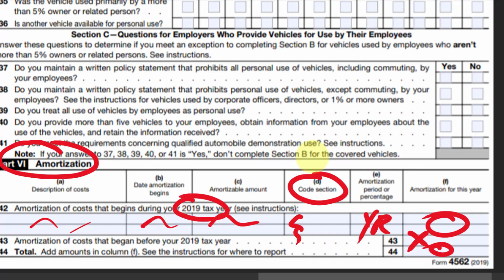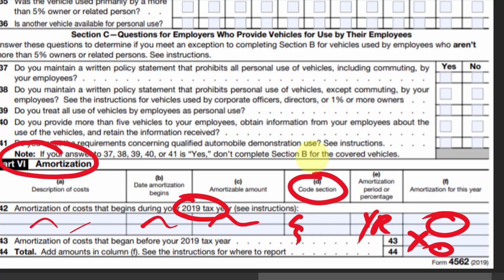This total amortization in line 44 is then carried back to whatever principal tax form you're using, like the 1040 or the 1120 corporation. But you won't see a line called amortization there. You probably have to plug it in as other deduction in your tax return. Versus depreciation, there probably is a line called depreciation in your main tax forms.